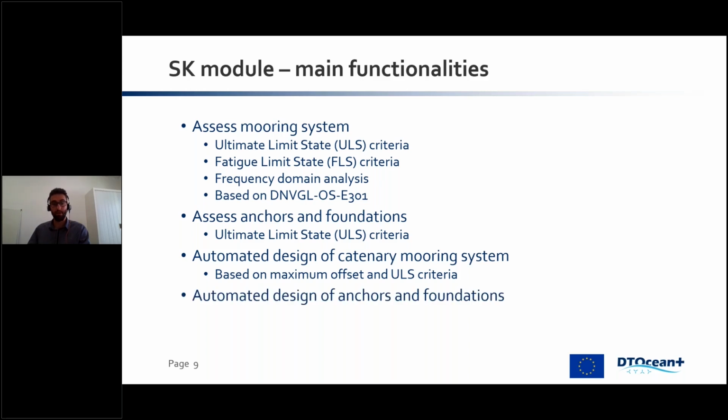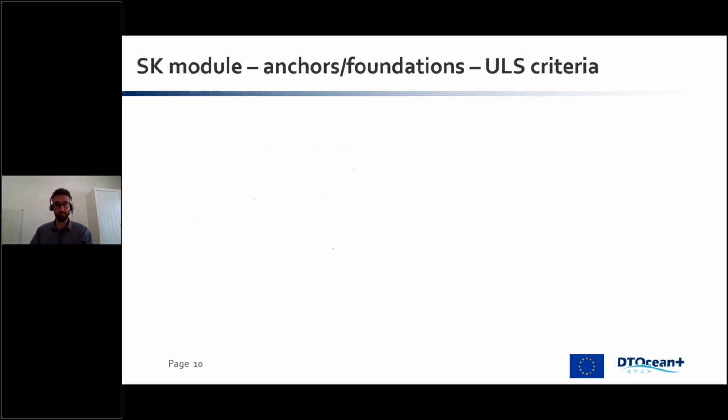We also have an algorithm to automatically design anchors and foundations. And the algorithm will find the dimensions of the anchor and foundations so that the ULS criteria are satisfied.